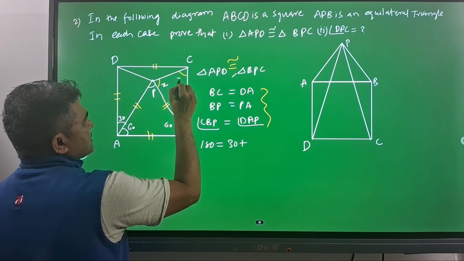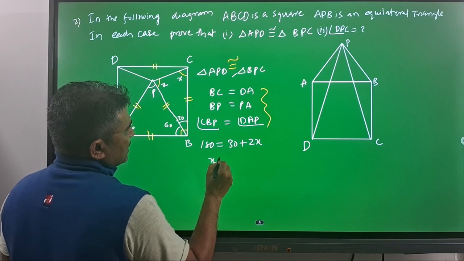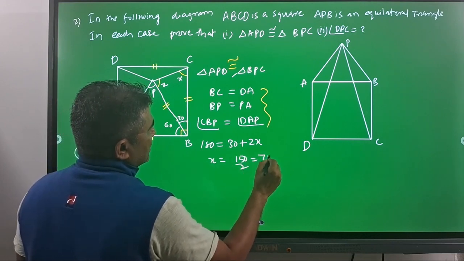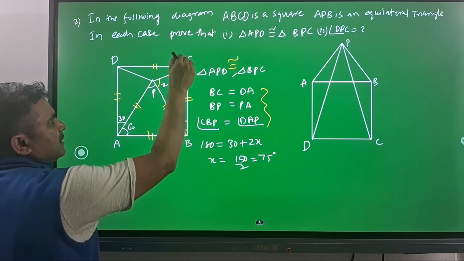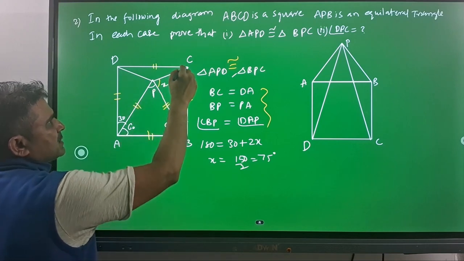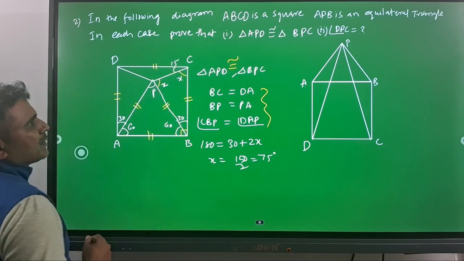If we consider this as x, this is also x, so we have 2x. So x is equal to 150 by 2, which is 75 degrees. If this is 75, then at the corner of the square we have 90 degrees, and at C this is 75 and this will be 15.